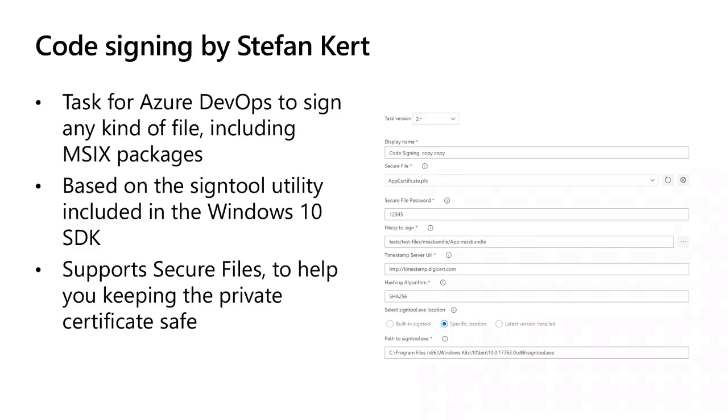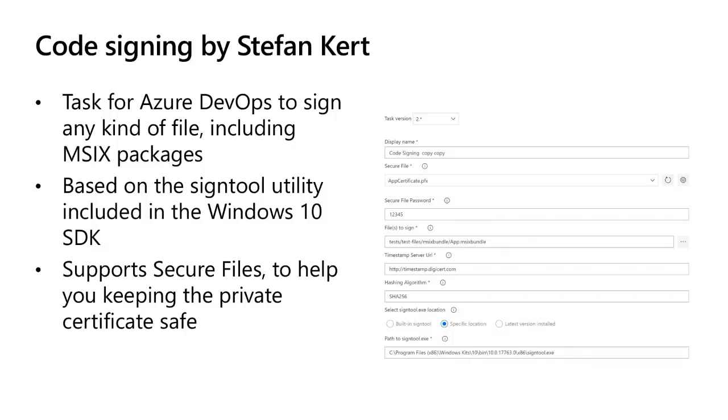And this is a bad idea because any person who has access to this repository would be able to steal the certificate and reuse it to sign other applications. So the best approach is to sign packages in the release pipeline. This way you don't have to share the certificate with the repository.